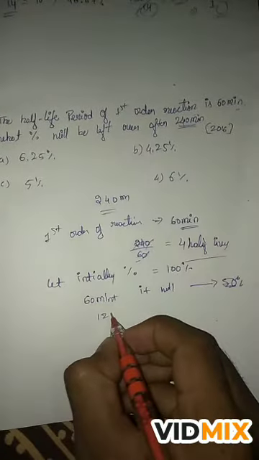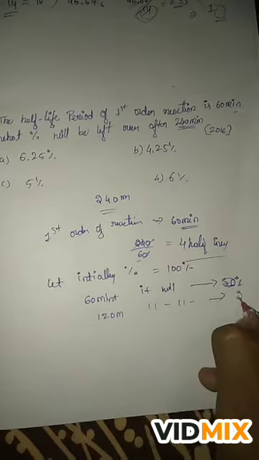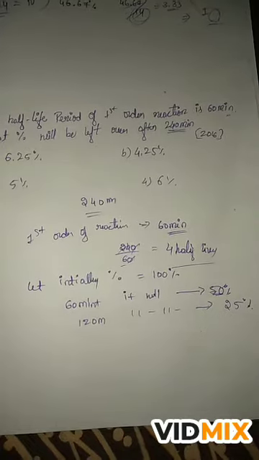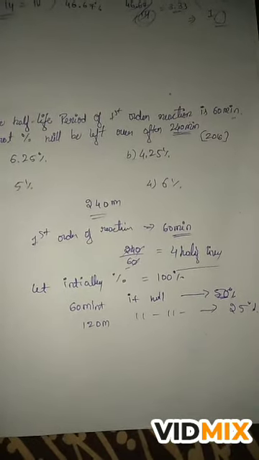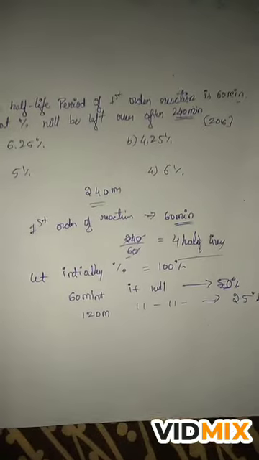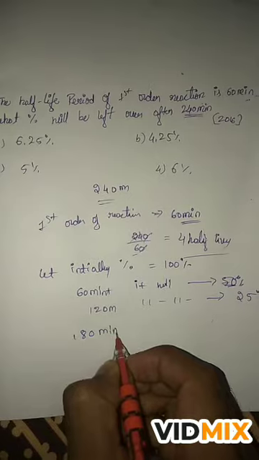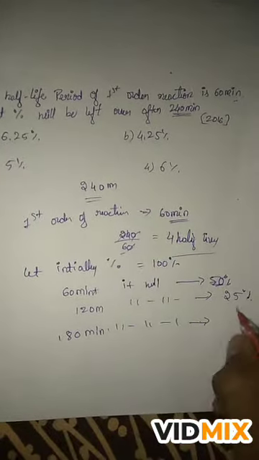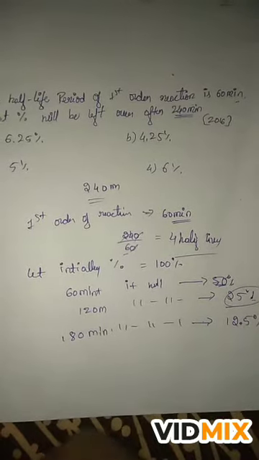Next, 120 minutes it will be 25 percentage, means half of 50. Likewise for 180 minutes, it will be half of 25, which is 12.5 percentage.